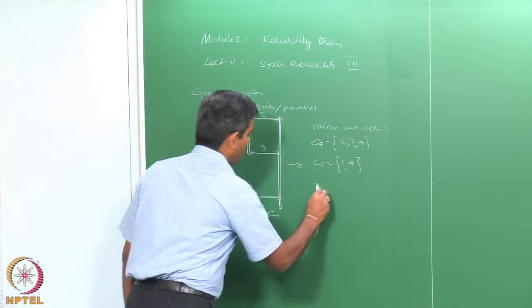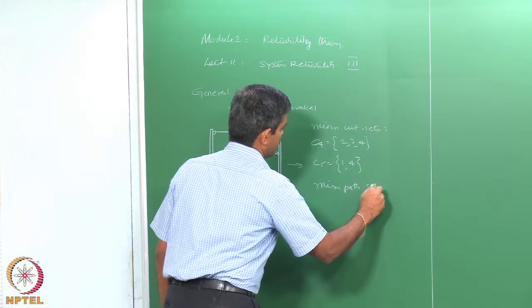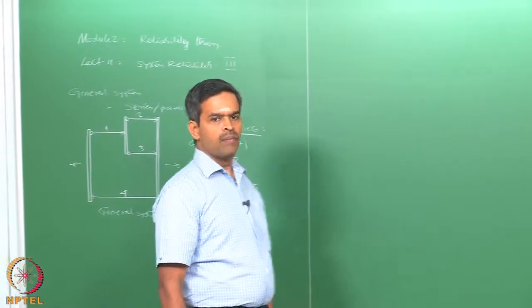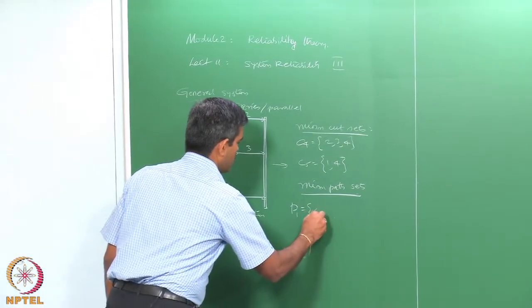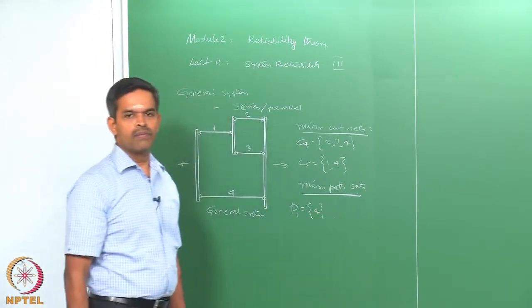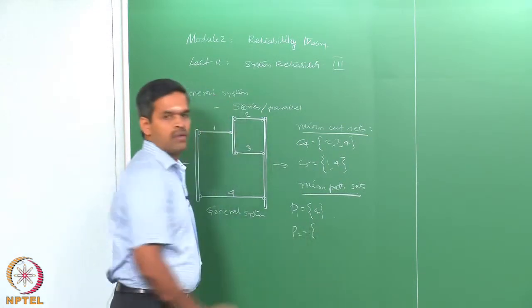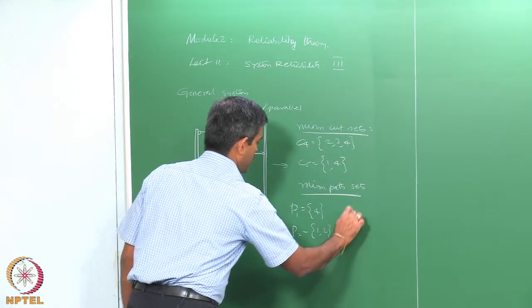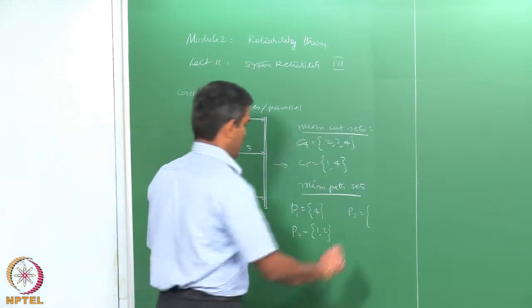Similarly, we also had minimum path sets, which were P1, P2 and P3. P1 is only 4, P2 is 1 and 2, and P3 is 1 and 3.